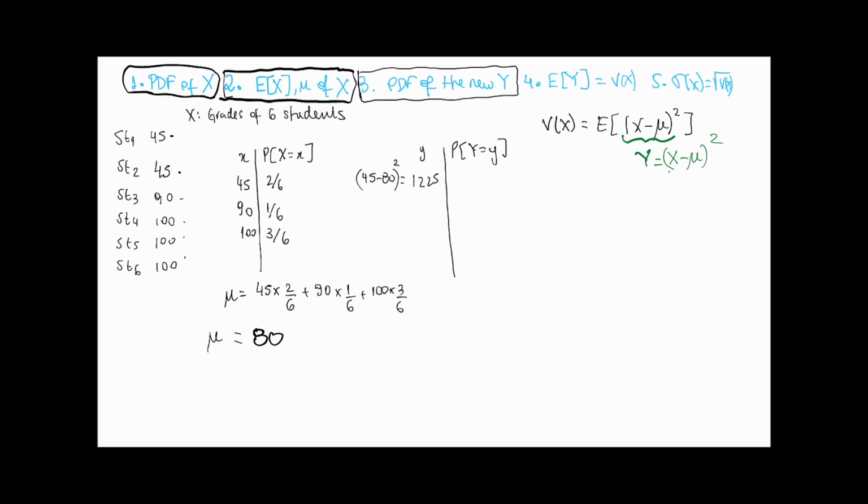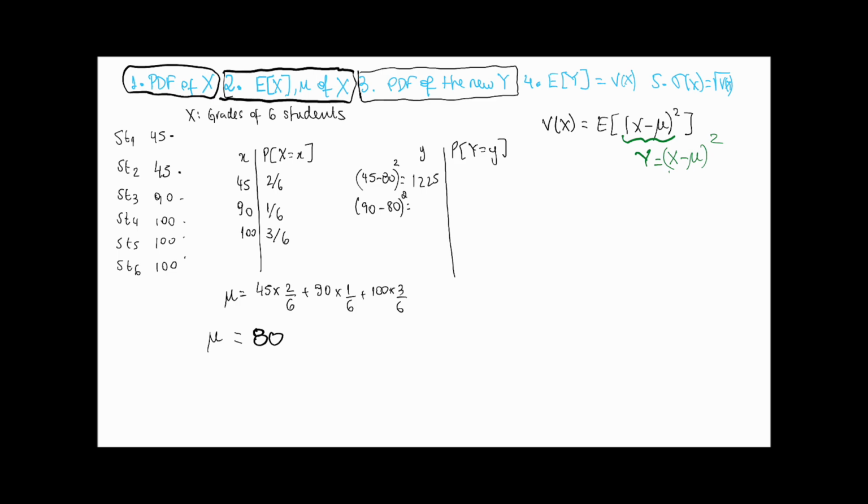Now, what's the value of y when I have 90? When x is 90, that's 90 minus the mean squared. So 90 minus 80, right?